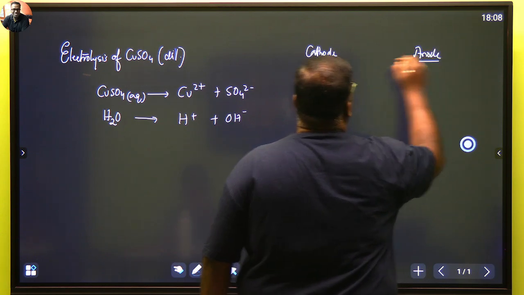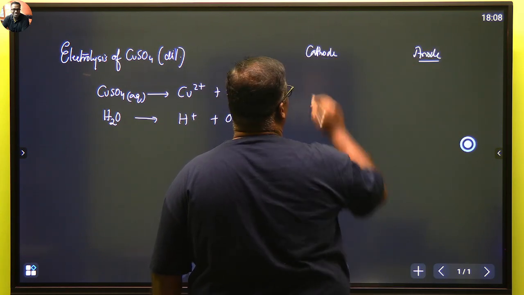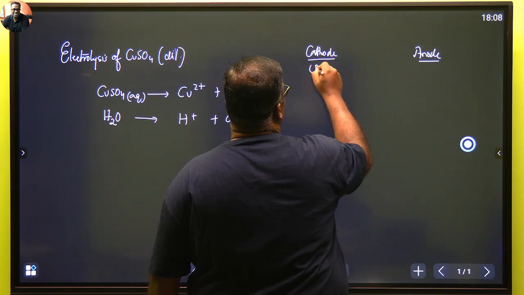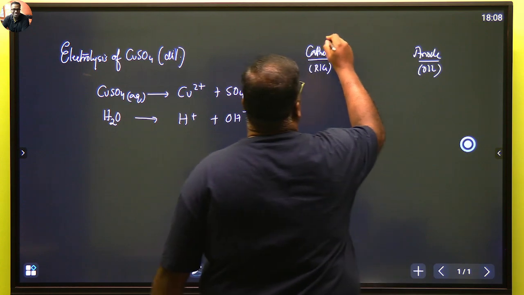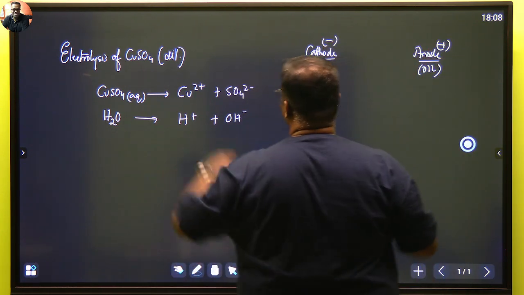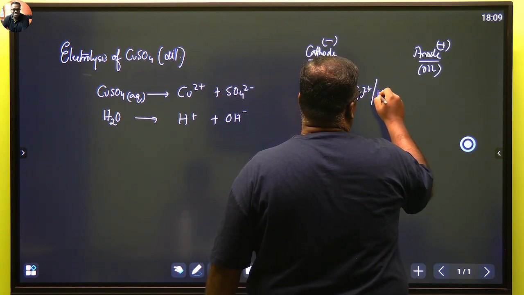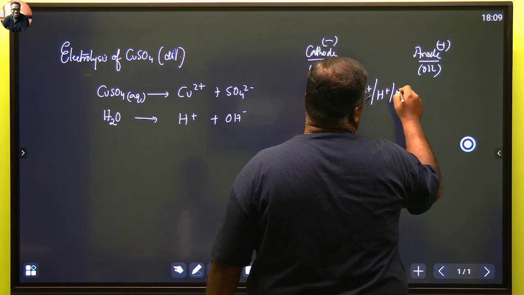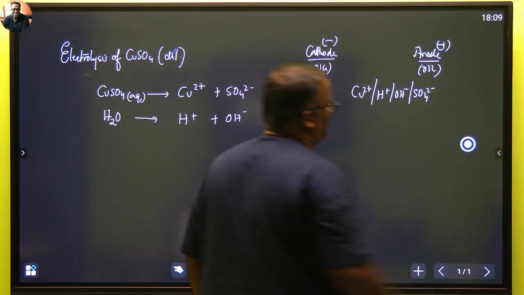Again, I'm writing it many times so that you understand it. It should go straight into your mind, don't just memorize it. Cathode means a place where reduction is happening. In an electrolysis process, this is negative, this is positive. What are the ions we have now? Cu2 plus, then H plus, OH minus, and SO4 2 minus.